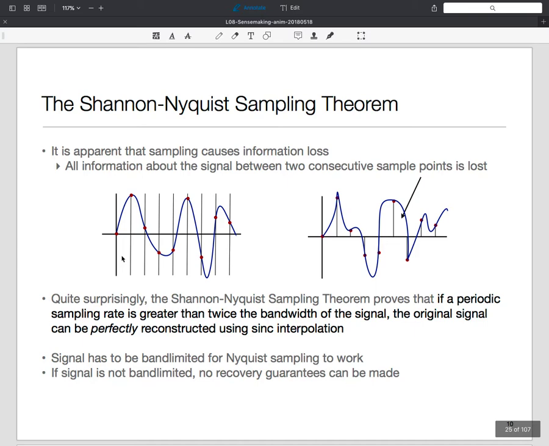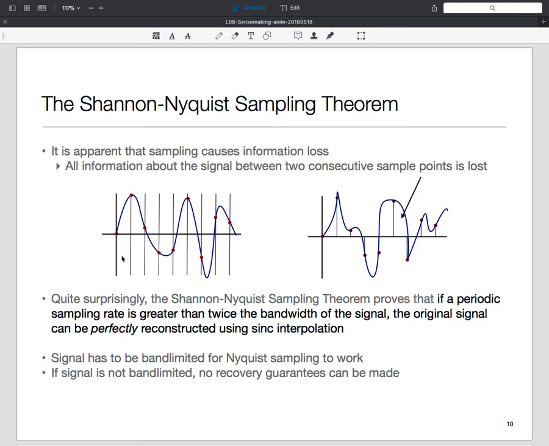What the Shannon-Nyquist theorem says is that if I place one constraint on the signal, namely I know its bandwidth, the peak frequency content that it has, then surprisingly I can make a statement about being able to reconstruct the signal perfectly. We are bringing to bear some additional constraint, because in the absence of that, I have infinitely many curves.